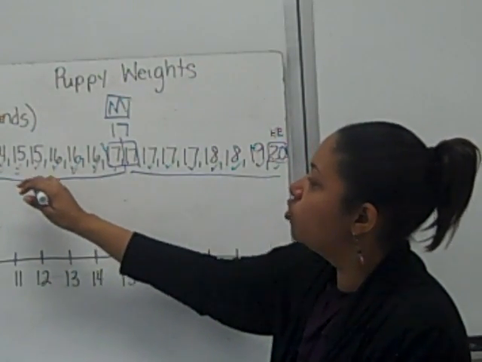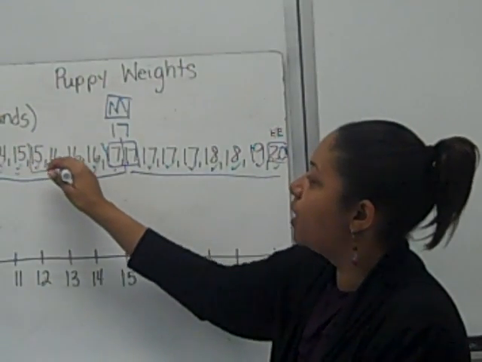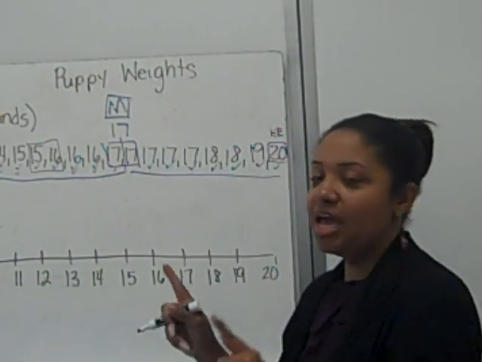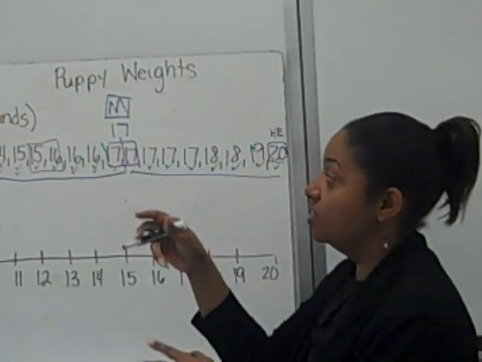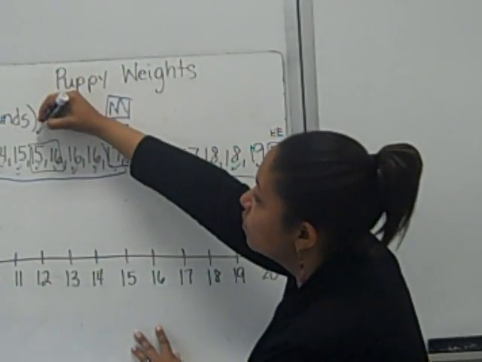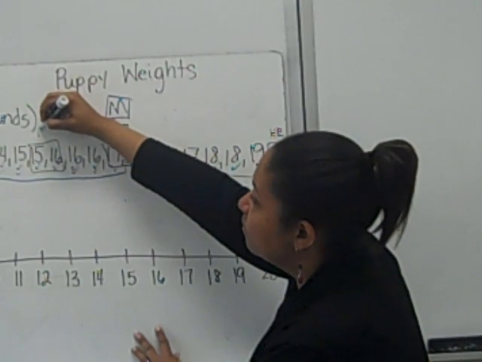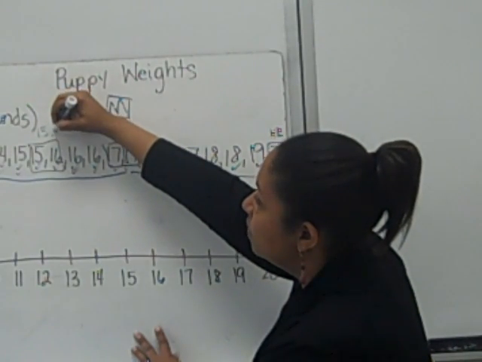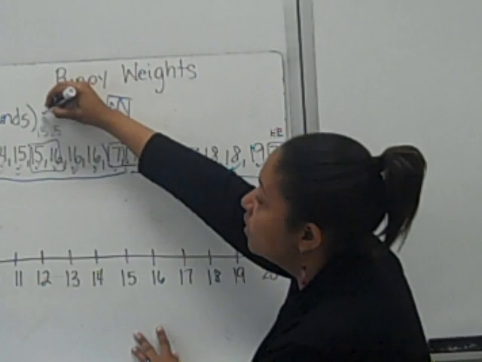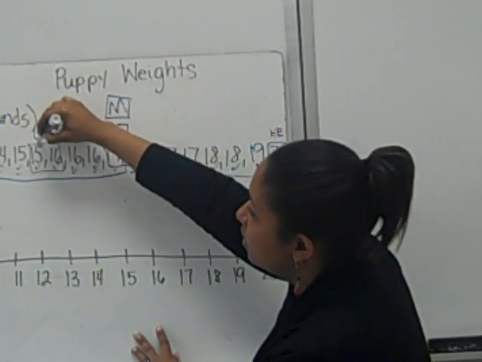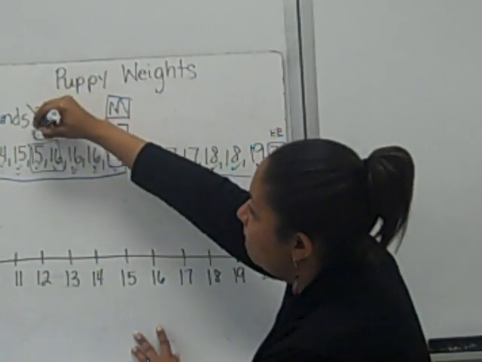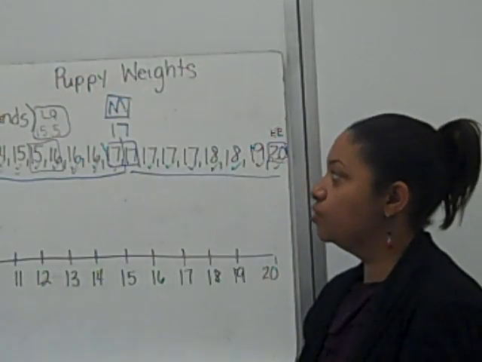Okay, so we're in between 15 and 16, so I'm going to box those in. And the halfway point between 15 and 16 is 15.5. And it's okay to have a decimal. So I'm going to write 15.5, and I'm going to put LQ there.